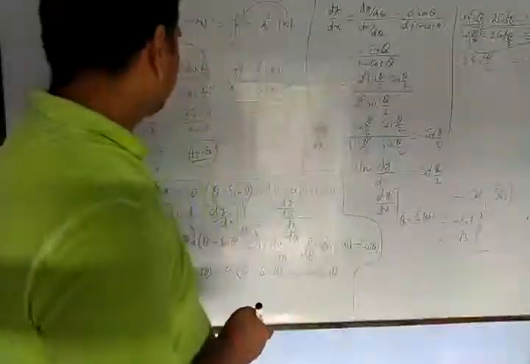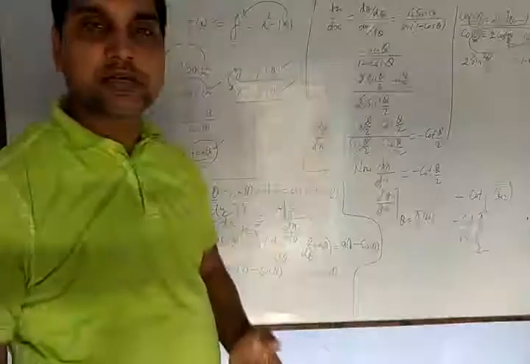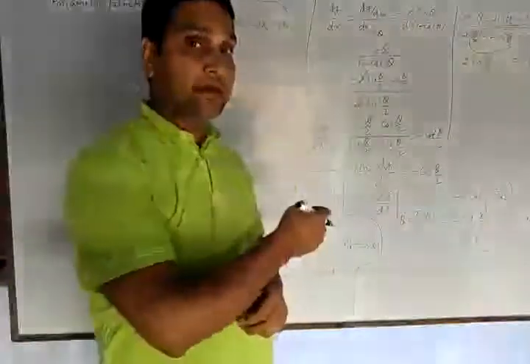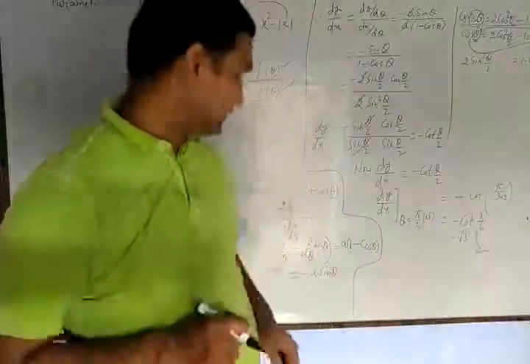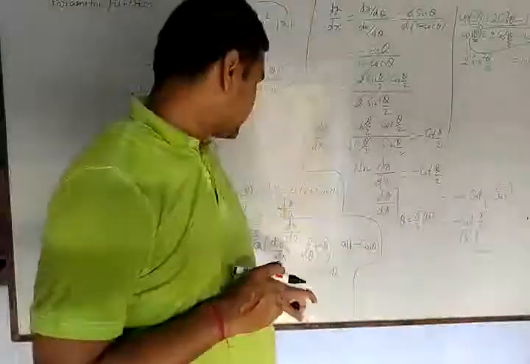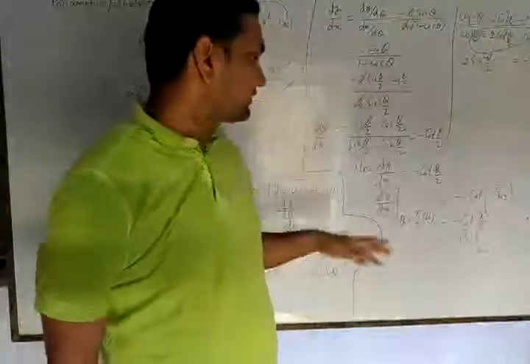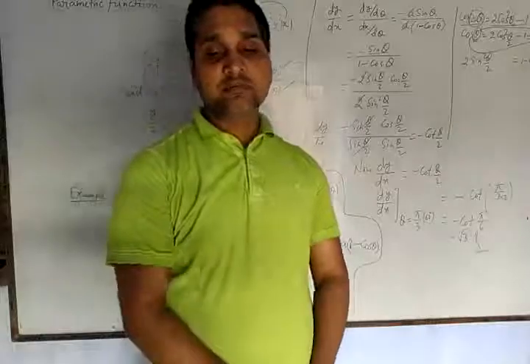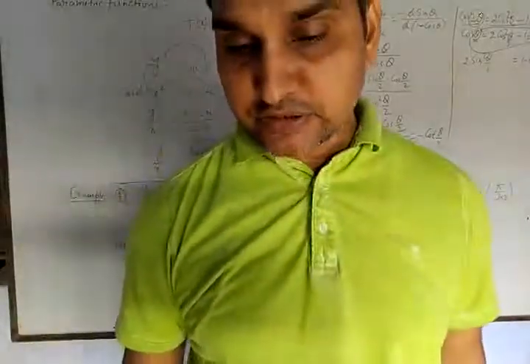Complete question I wrote means one question was only dy by dx to calculate, but sometimes they ask the question in that way, that what will be the value of this derivative at a certain point, and since these were related with theta, the point will be the angle actually. So angle is given pi by 6, we calculated it. So in that way we can find the derivative of any parametric function.